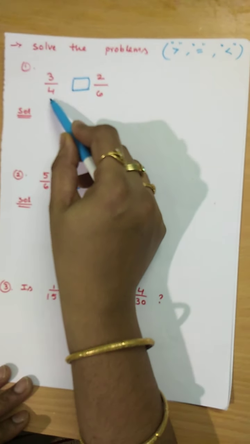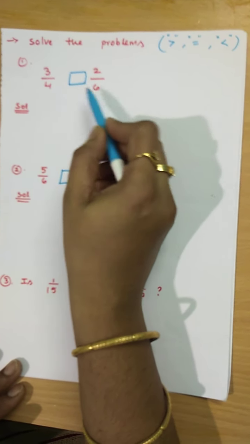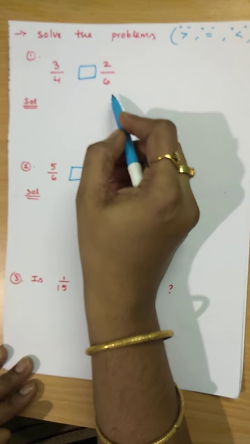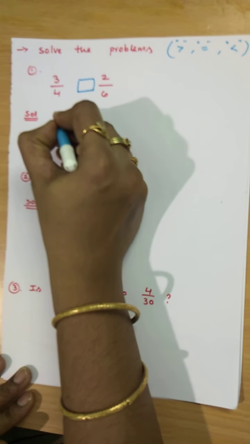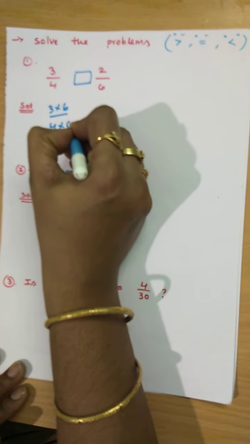Here both fractions are unlike fractions. So we need to change the unlike fractions into like fractions. 3 into 6 divided by 4 into 6.